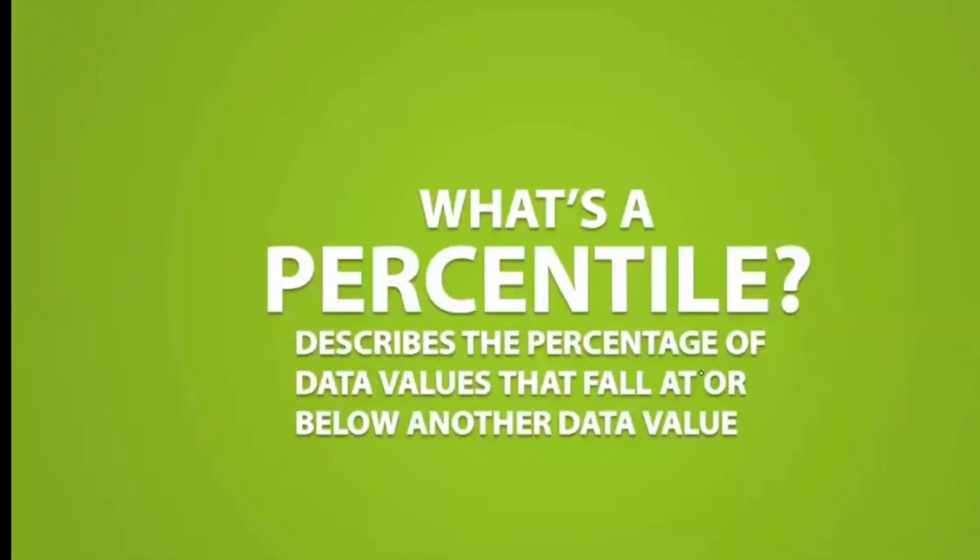What is the meaning of 99? 99 numbers are below you, either equal to you or less than you, including your number also. So the percentile tells how much percentage of data values fall below you. How much percentage of data values fall below you gives you the percentile.